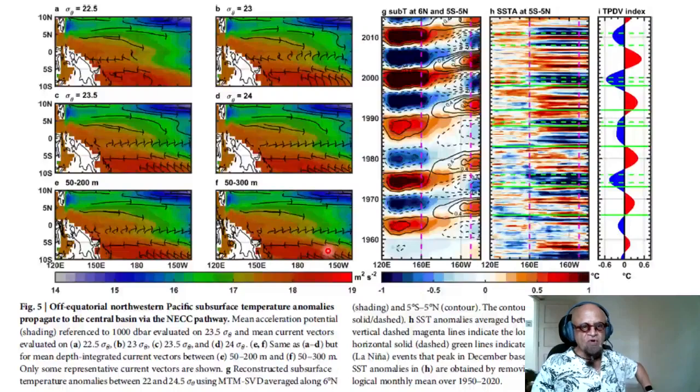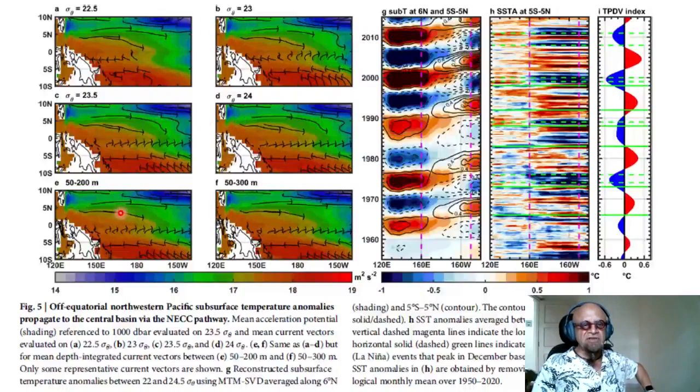Okay, so more details of equatorial northwestern Pacific subsurface temperature anomalies propagating to the central basin via the north equatorial countercurrent pathways. So north equatorial countercurrent, as you know, so if you go here at 22.5, you have to move deeper, 23 here, 23.5, 24.